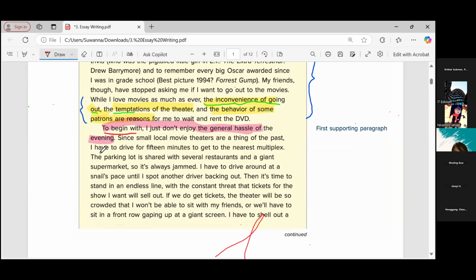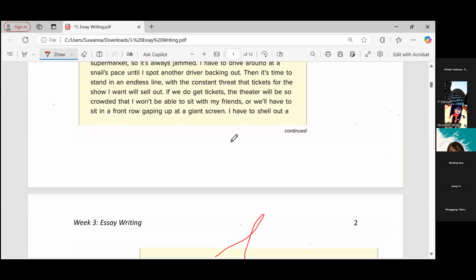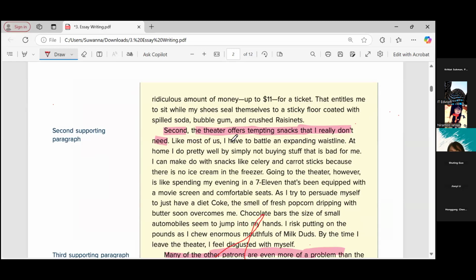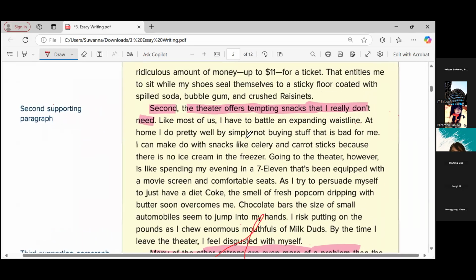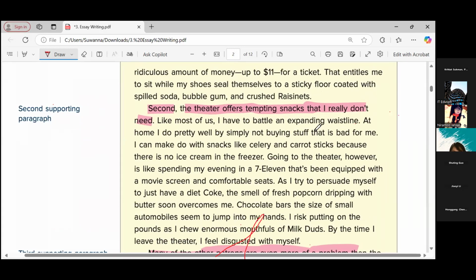And then the entire paragraph will support this sentence. So basically, this is the first point. The second paragraph has this sentence as its topic sentence: "Secondly, the theater offers tempting snacks that I don't really need."